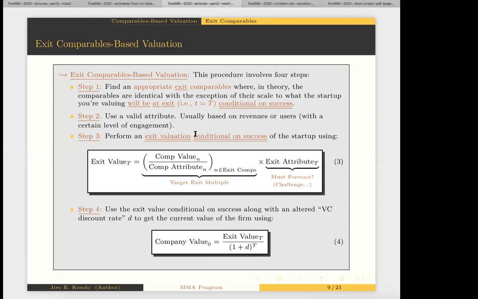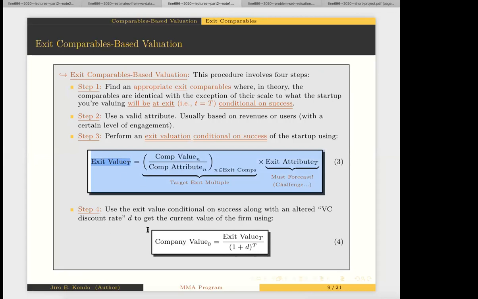If you recall, when we did our exit comparables-based valuation, we had a 4-step procedure for valuing a startup. We first found exit comparables. We picked an attribute for doing our multiples-based valuation, like revenue. Then we estimated an exit value conditional on success for our startup.